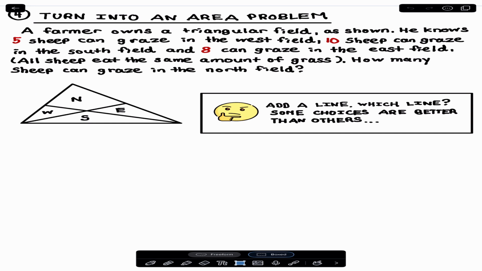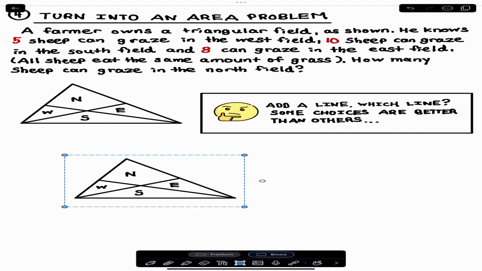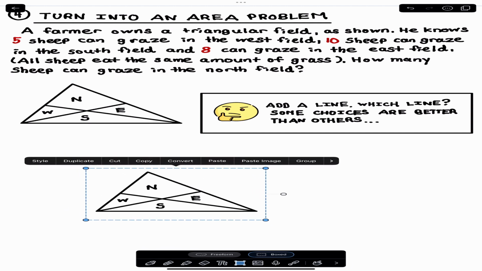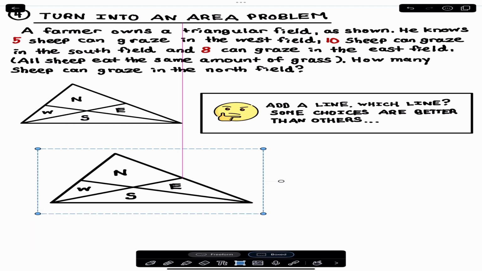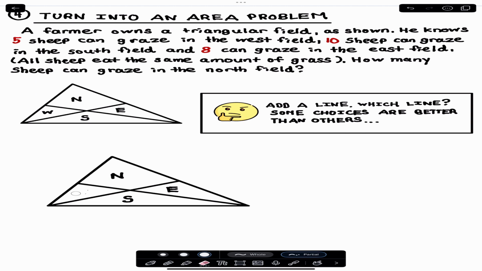So I think it's very clear that this question can be turned to something like this. I'm just going to enlarge the diagram, and let's get rid of these letters and fill them in with our numbers. So west is over here.